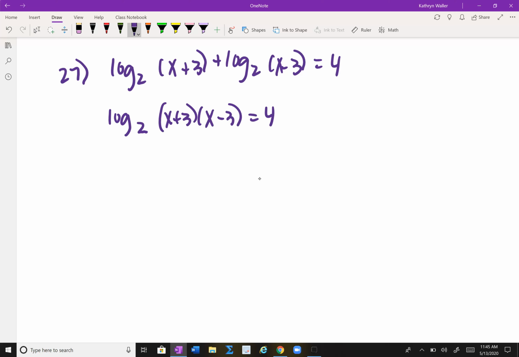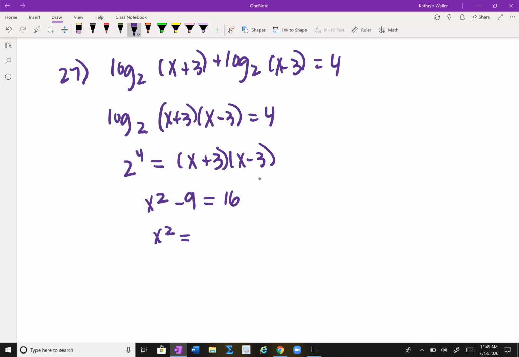Now I convert it. So 2 to the 4th is equal to x plus 3 times x minus 3. Then I FOIL, and I get x squared minus 9 equals 16. Move my 16 over. x squared equals 7. Now I square root: plus or minus the square root of 7.